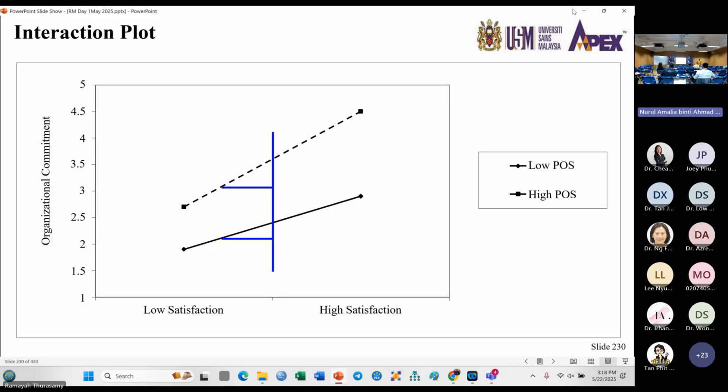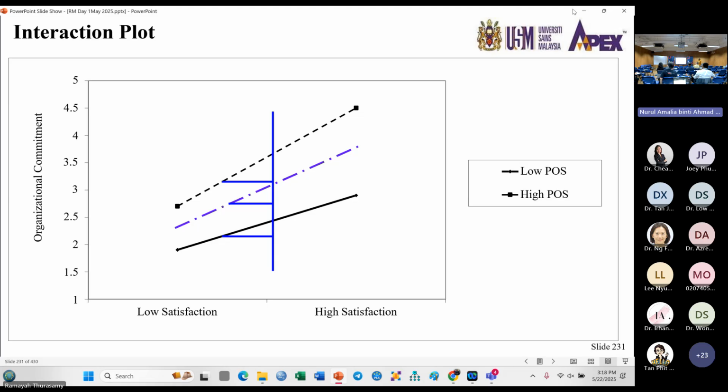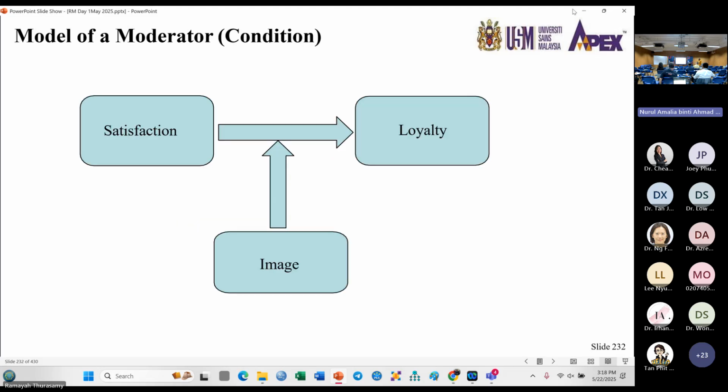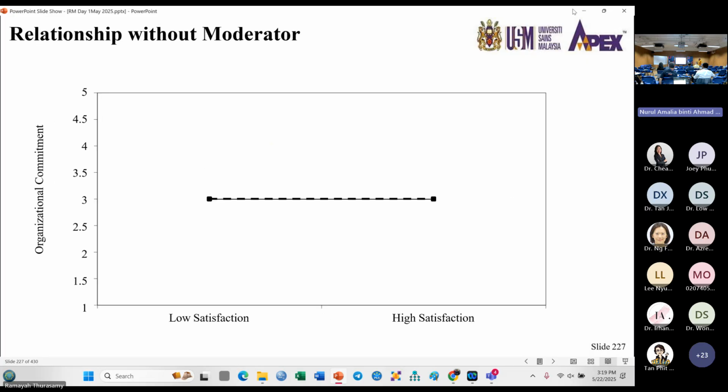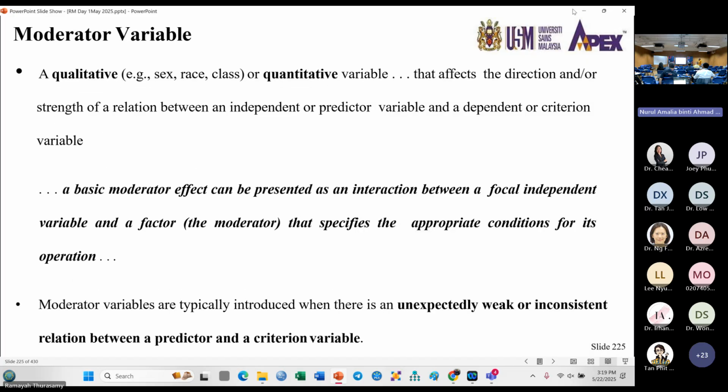This is what we normally hypothesize in social science and management. As long as they are not parallel, consider it moderated. First it must be significant, then only we look at the power. One of the conditions before you introduce a moderator is that your literature must be inconsistent or weak.